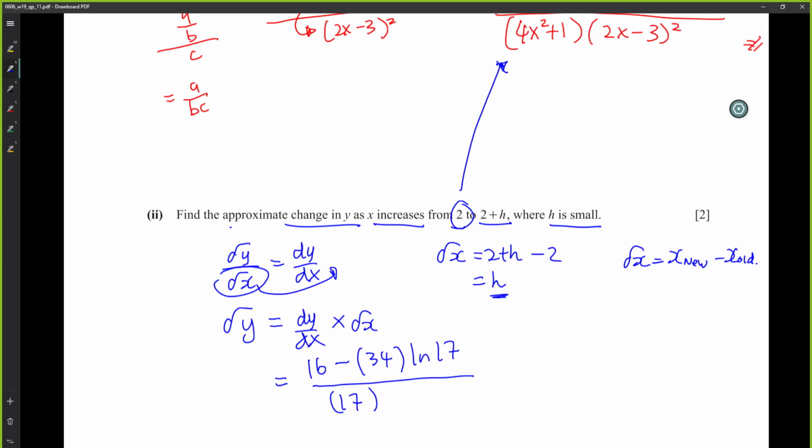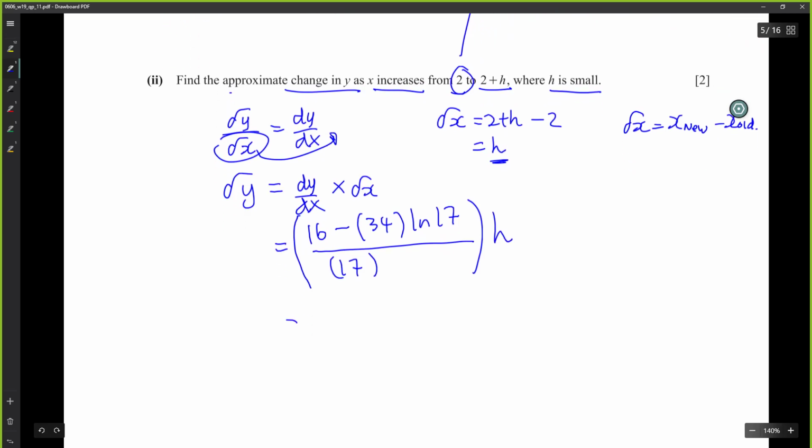This is 4, and 4 minus 3 is 1. 1 squared is still 1. So yeah, it's nice. Then the whole thing is going to multiply with h. I hope the number is not too big, because this is a small change, isn't it? 16 minus 34 ln 17 divided by 17.